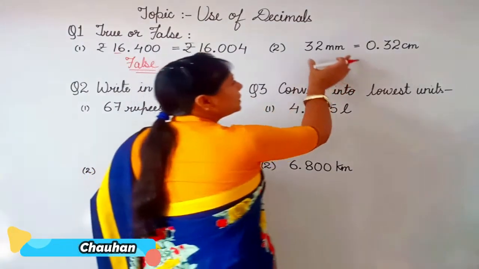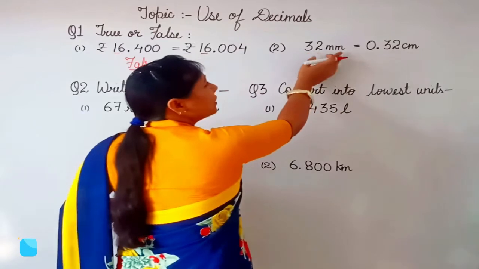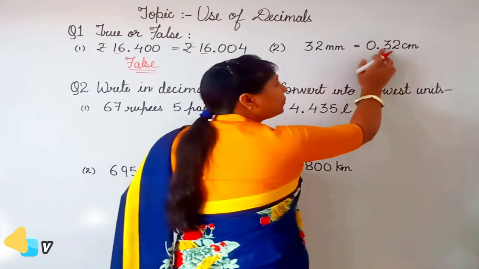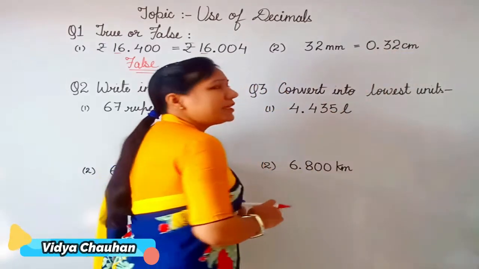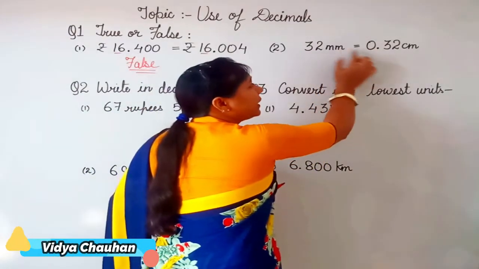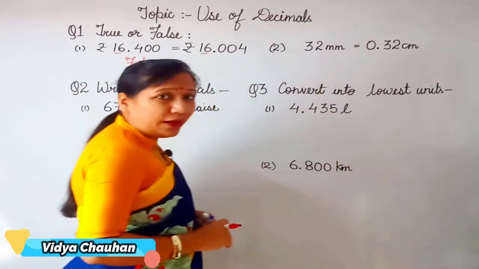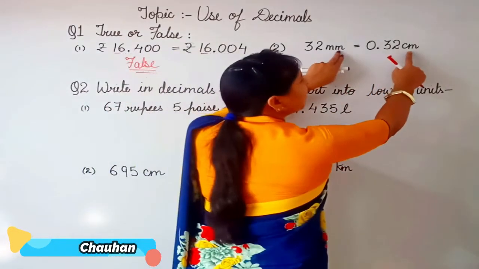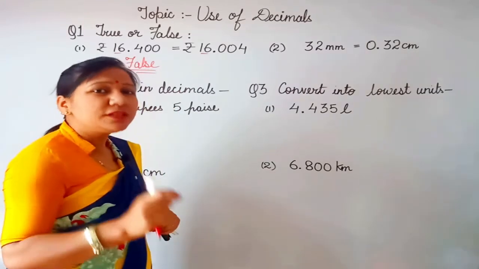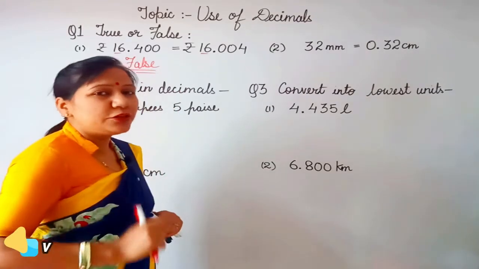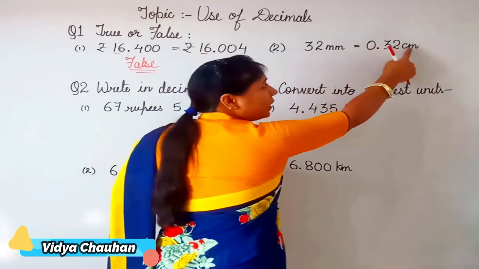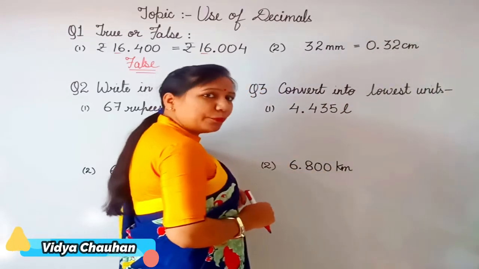Let's check one more statement. Here the two values are given as 32 millimeter equals 0.32 centimeter. At this place you cannot directly compare the decimal numbers. Why? Because the units are not the same. So first, make both values into the same unit. Either you change millimeter to centimeter or centimeter to millimeter.